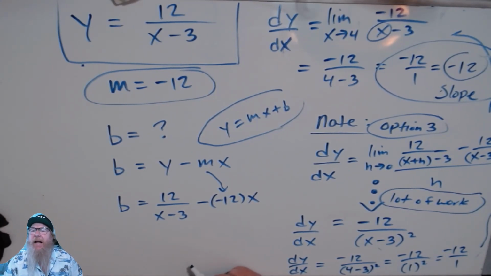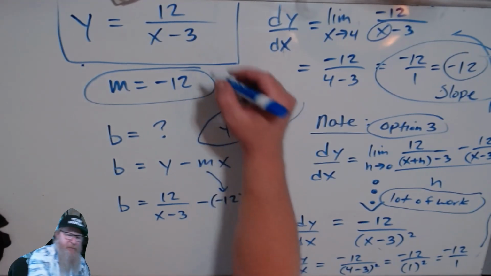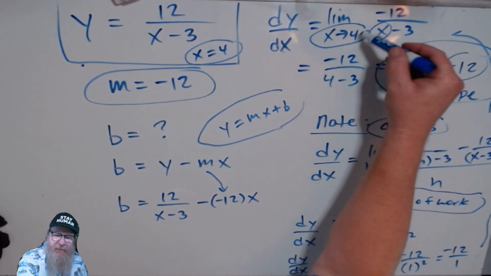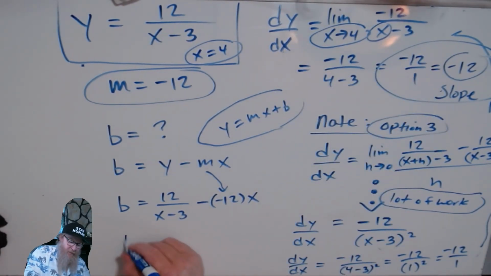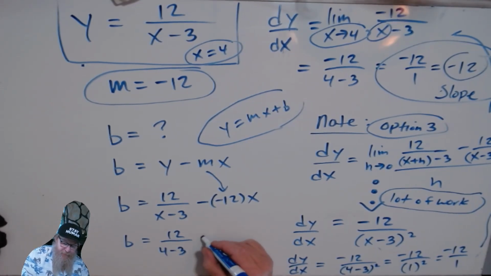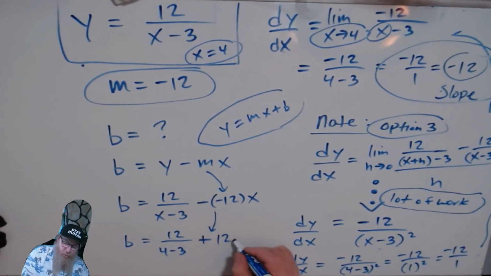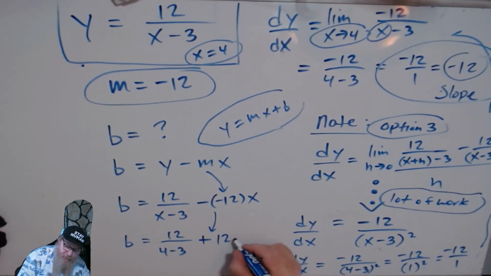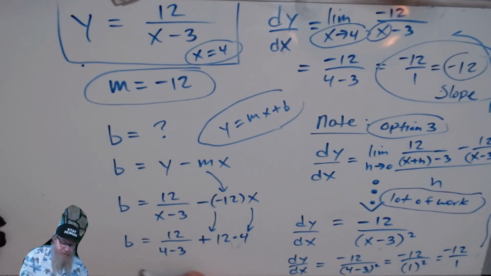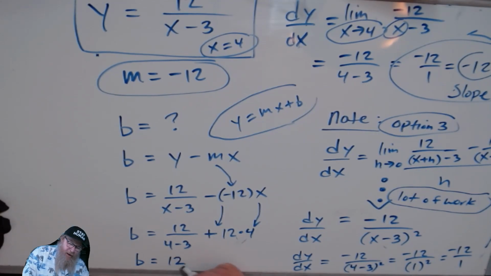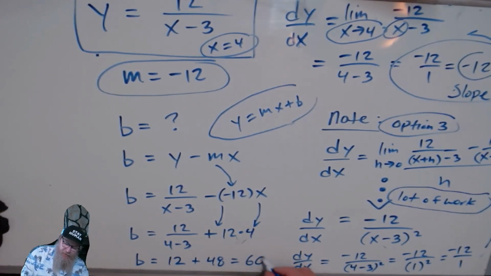Does anybody remember what x was? It was 4, right here. x is 4. So this is 12 over 4 minus 3 plus 12 times 4. So b is 12 plus 48, which is 60.